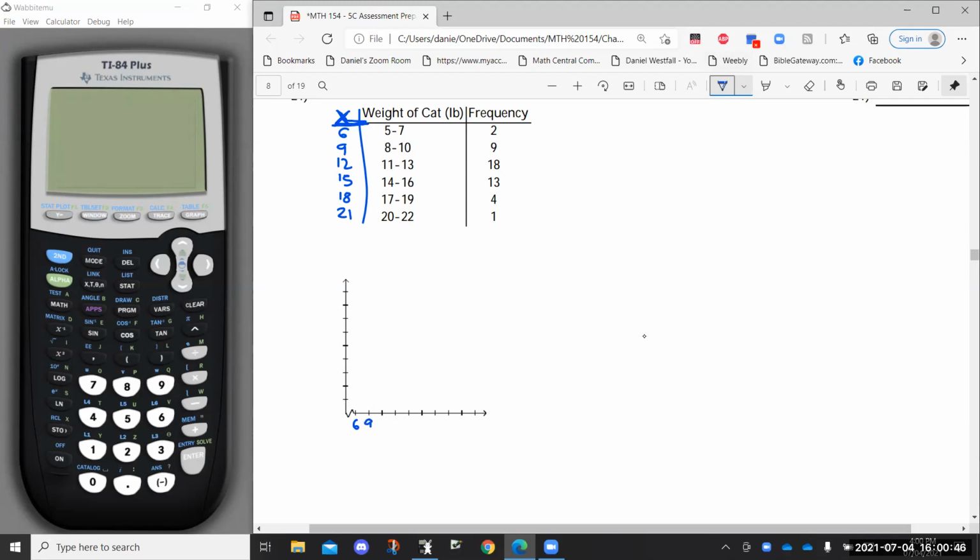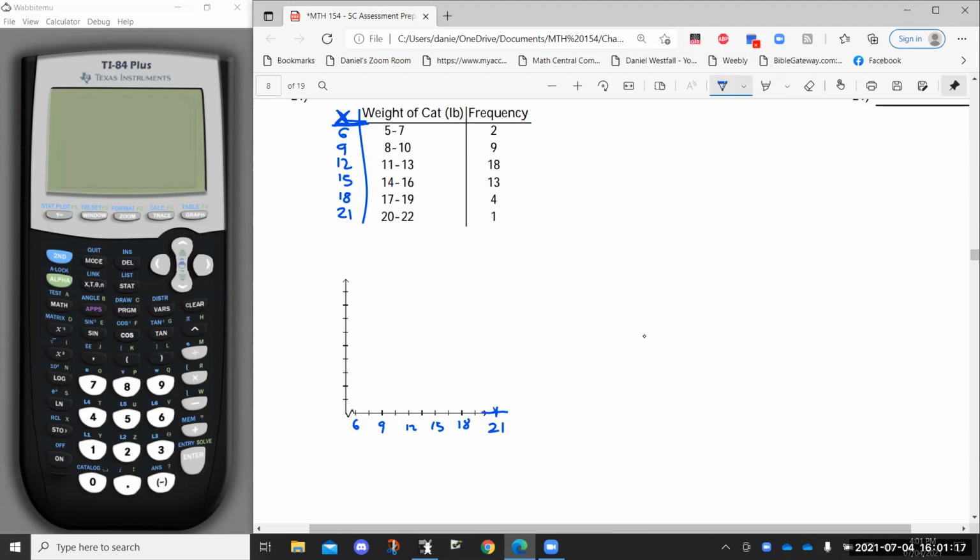Let's go ahead and give myself some space here. 6, give myself 2 tick marks to the next one. 9, 2 tick marks. 12, 2 tick marks. 15, 2 tick marks. 18, 2 tick marks. 21, because this lightning bolt says that there's supposed to be some space there.